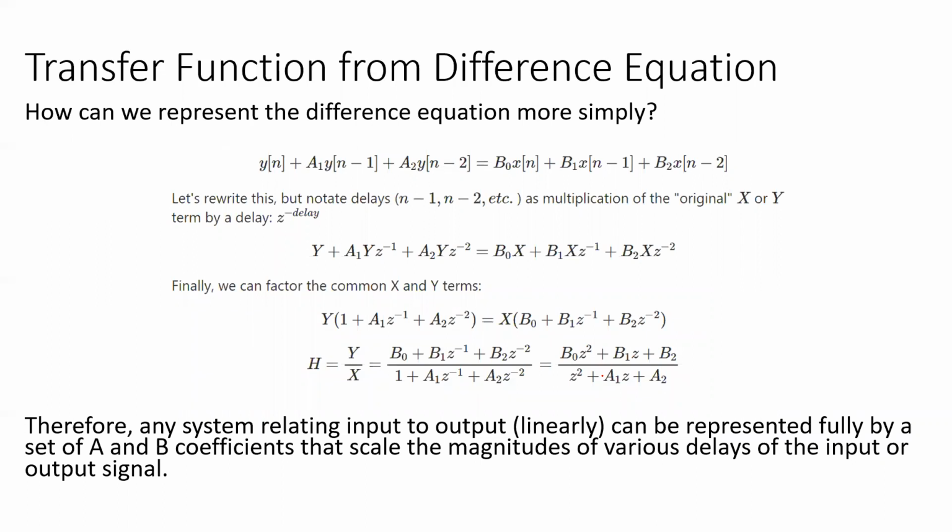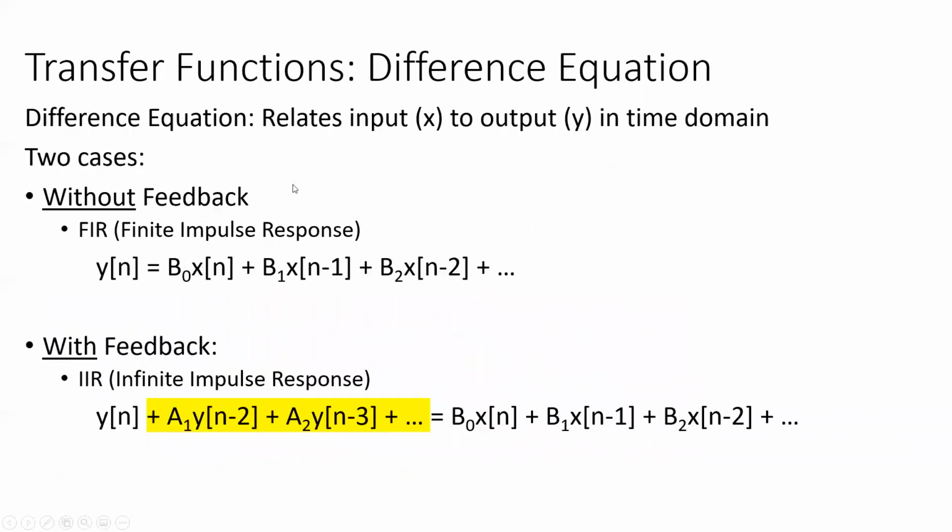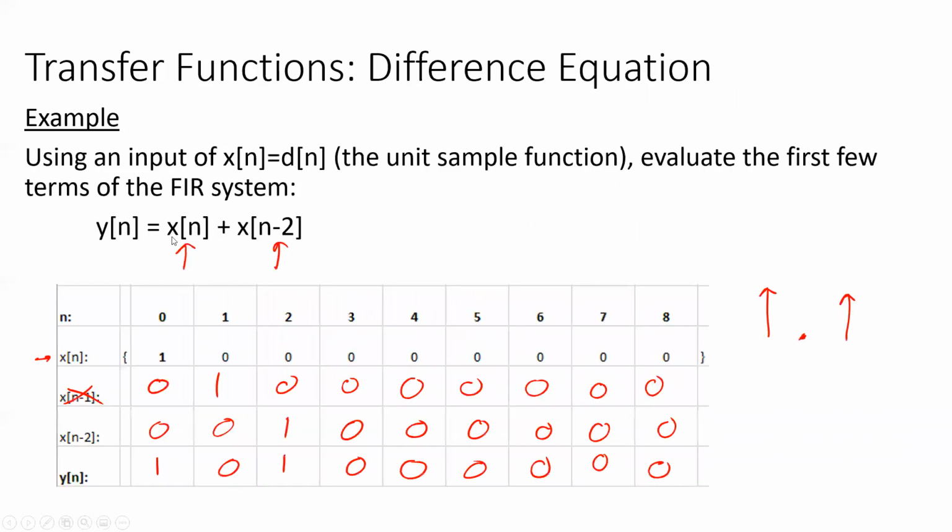From this difference equation, it sums up what you're doing in a very calculation-based way. If you wanted to, you could program this into a computer. You could say y equals, here's your n's, and do it like we just did and say, okay, here's the input function.